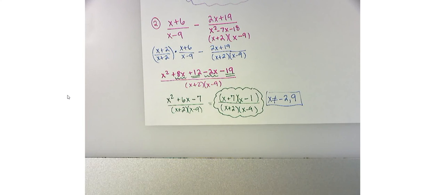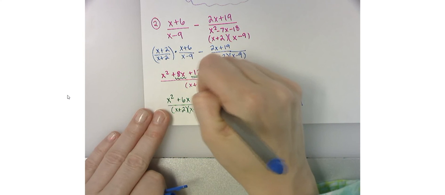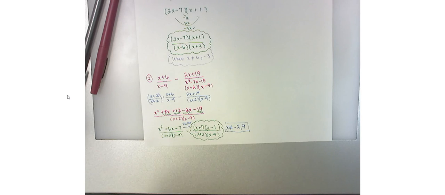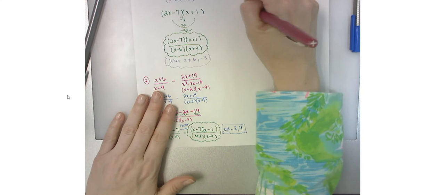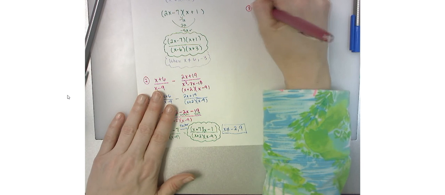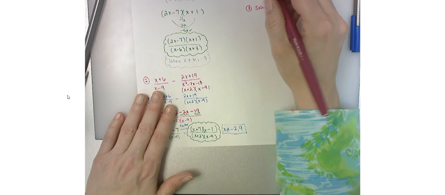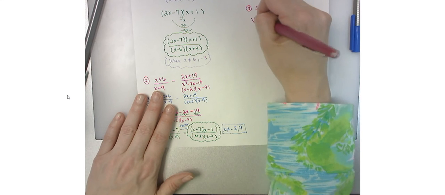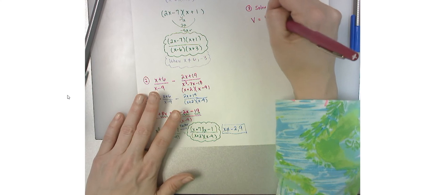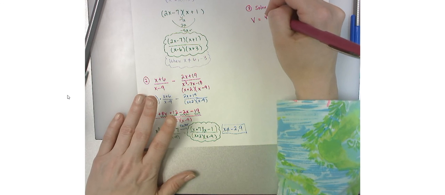All right, and then the last one, we are solving for s. Whenever you are solving, you do the reverse order of operations, okay? So when you think of order of operations, multiplication and division come before addition and subtraction. But when you're solving, you're looking for that addition and subtraction first.